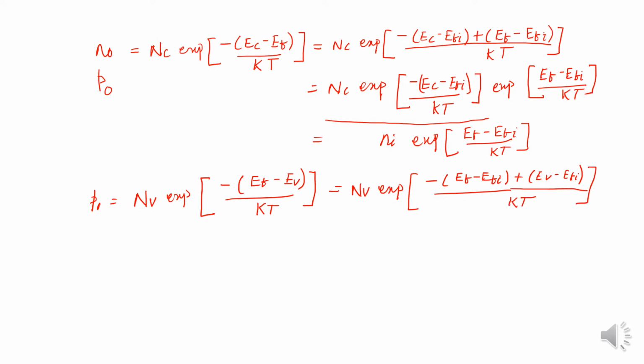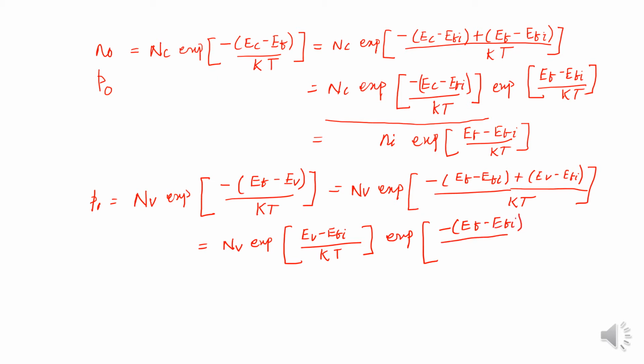Similarly, we can divide it into two terms: Nv exponential of EV minus EFI divided by KT, which is the whole concentration in the intrinsic semiconductor, multiplied with this extra term, exponential of minus EF minus EFI, that gives you the relative change in the Fermi energy level after doping.